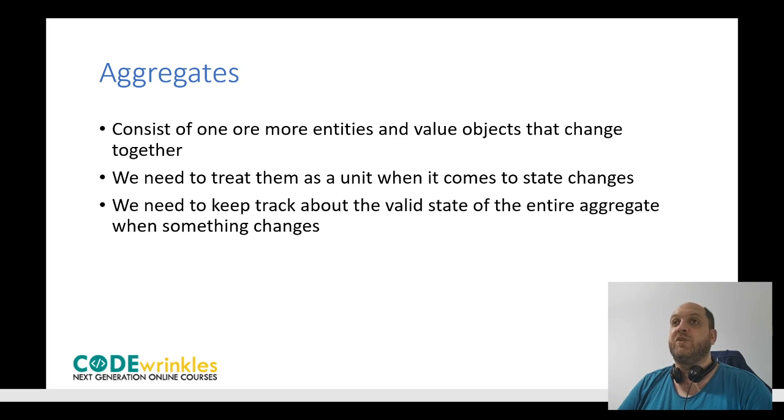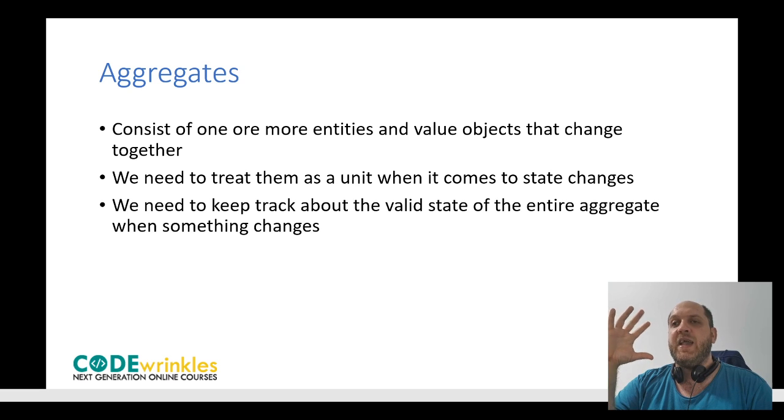Maybe we want to change the first name, and let's say we want to set the first name to the letter A. But then we have maybe a business rule that says that first names should be at least 3 letters long. So if I change the name, again a value object, to have a first name that consists of only 1 letter, it would bring the entire aggregate, the entire user, into an invalid state, which in this case will probably trigger an exception.